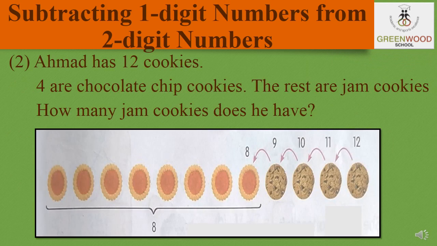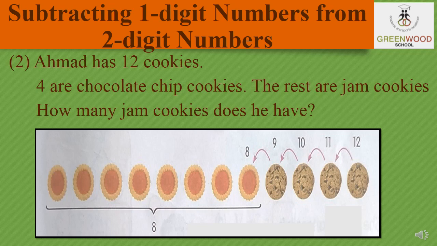Let's see another example. Ahmed has 12 cookies. 4 are chocolate chip cookies. The rest are jam cookies. How many jam cookies does he have? Let's count them. Total is 12 cookies. So we'll start counting backwards. Before 12, 11, 10, 9, 8.